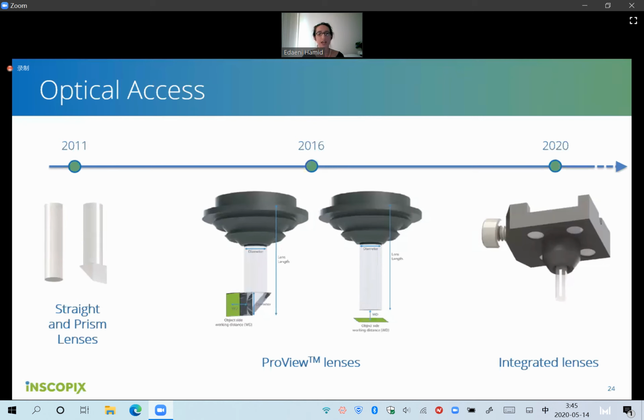And so even though Danny talked about the ease of being able to save your settings so that you can easily return to those settings for a specific animal over multiple days of recordings, if you need to do any fine-tune adjustments to make sure that you're right at that crisp plane to see those cells over multiple days of recordings, the ability to make those fine adjustments is very simple.